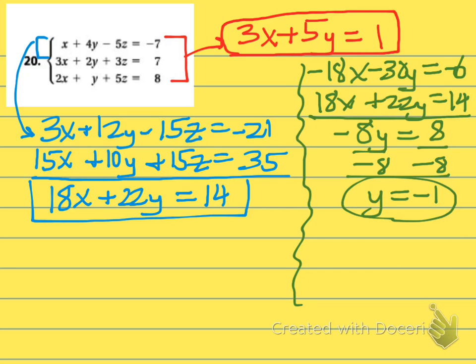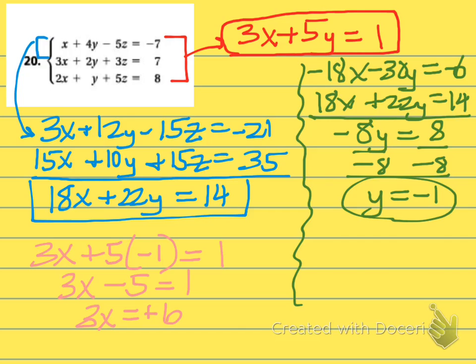So our y value is negative 1. So we have 3x plus 5y, which is negative 1, equal to 1. So we have 3x minus 5 equal to 1. That means 3x will be positive 6, right?